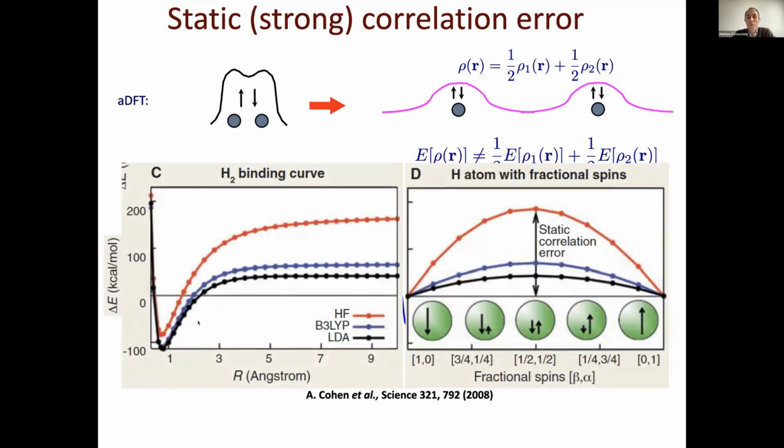Okay, so you should be getting a linear combination of the two extrema, while you get some curve that is telling you that the energy is not predicted well.